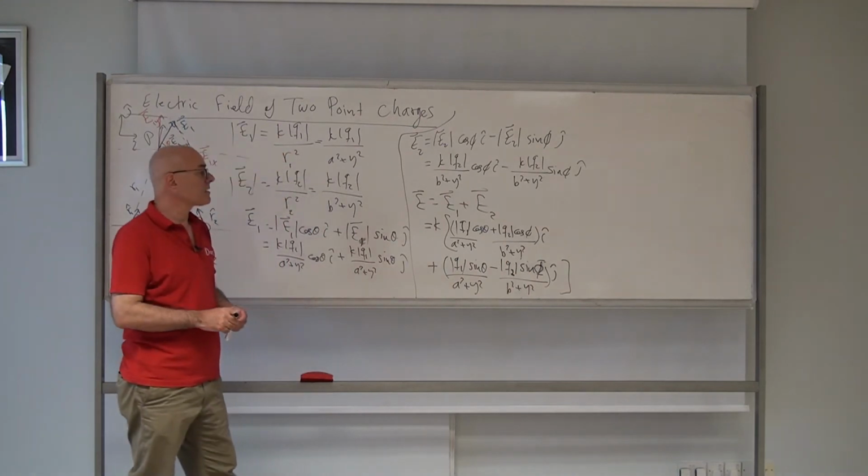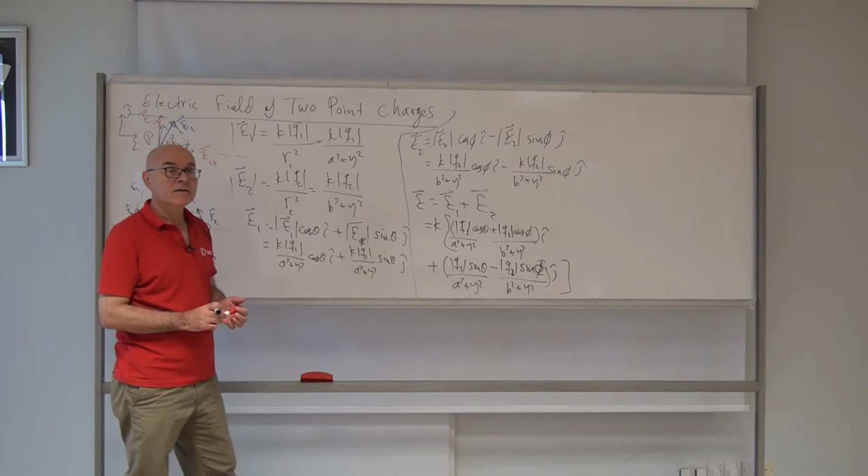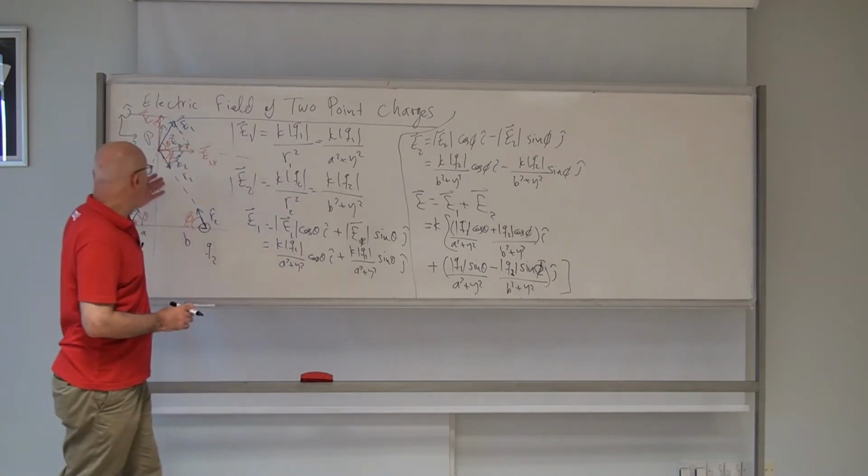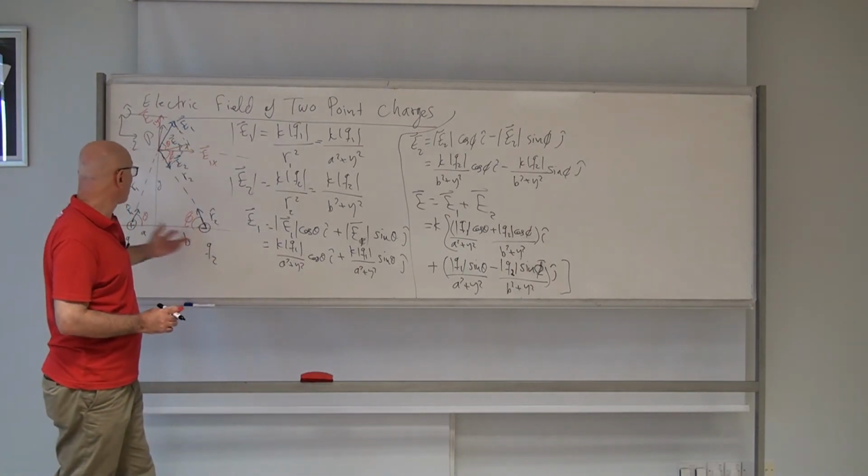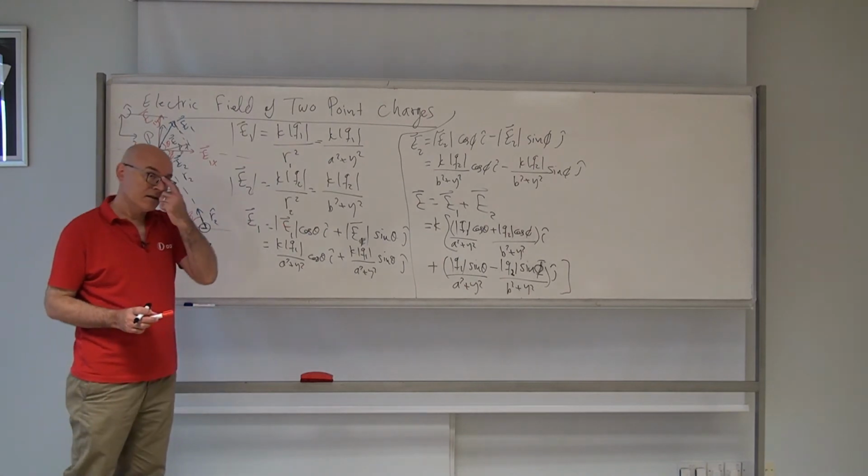So this is the expression for the electric field vector that is the sum of the electric field vectors of these 2 point charges. This is the vector.